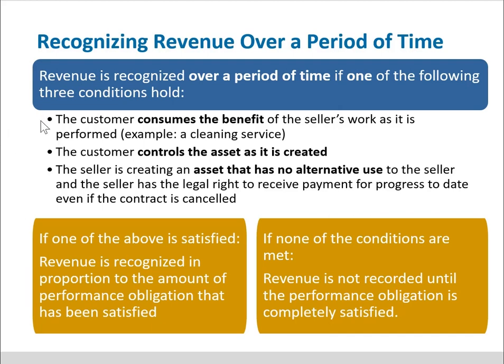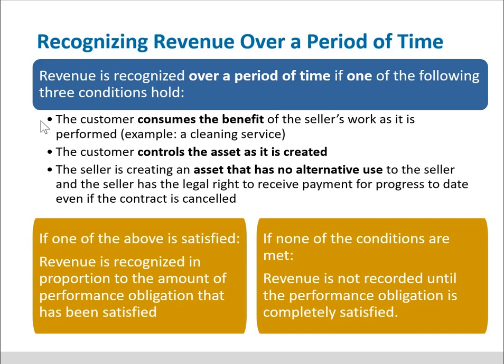The first one here would be by far the most common situation. This is when the customer is consuming the benefit of the seller's work as it's performed. The example here is a cleaning service, so picture a cleaning service that creates annual contracts with its customers. It would not make any sense for the cleaning service to need to wait until all 12 months worth of services had been provided.